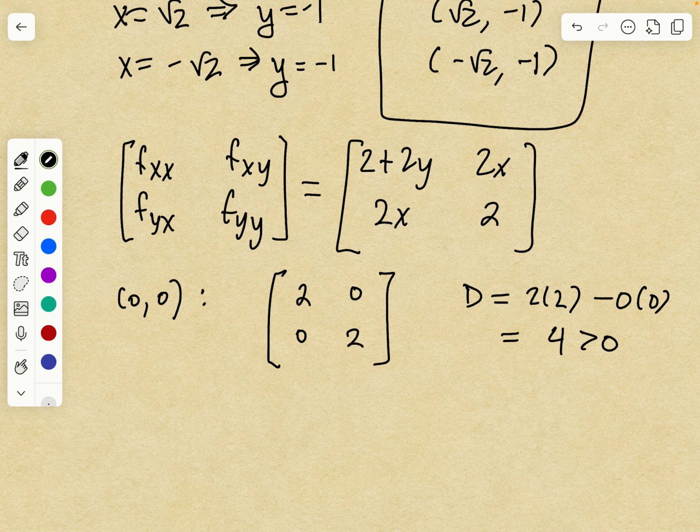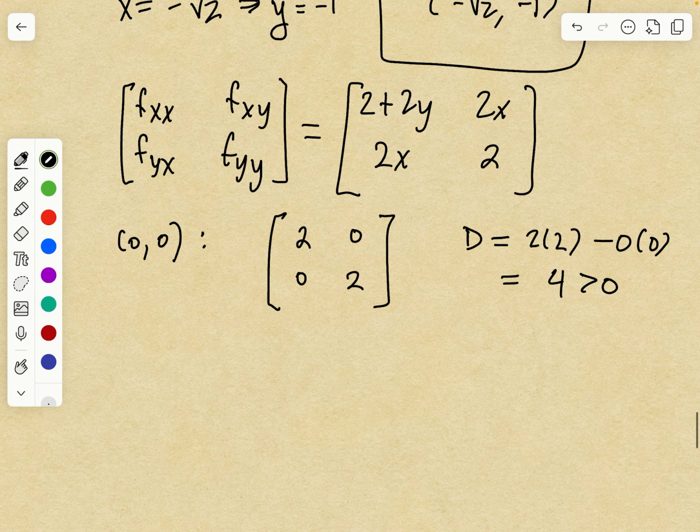And this is the one where I have subcases, right? I need to look at f sub xx, this number here. My f sub xx is 2 at (0, 0), and that's positive. So when you have a positive determinant and your top left number is positive, then you have a local, do you remember?